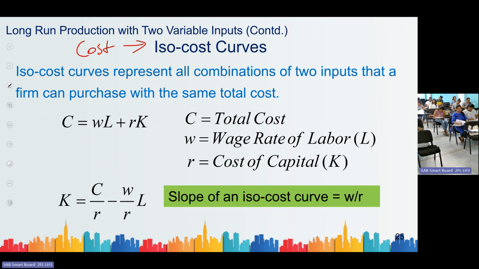An isocost curve combines different combinations of two inputs that will cost the same amount.